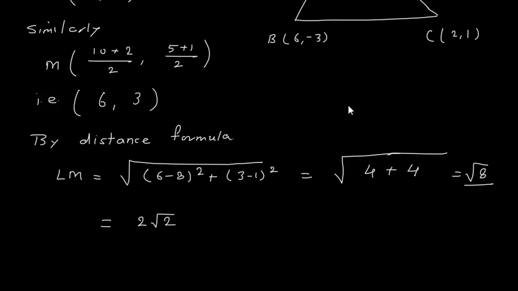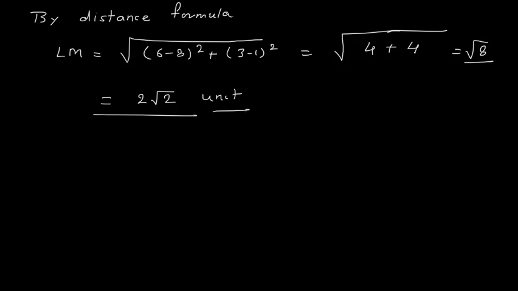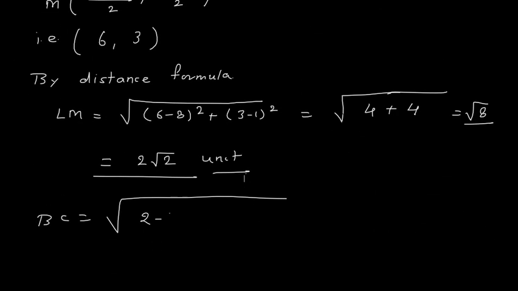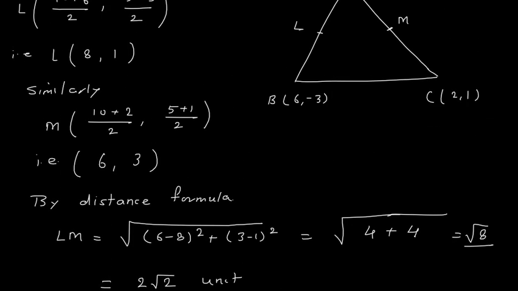So this is LM. And if you find the value of BC, so BC is square root of 2 minus 6 the whole square plus 1 plus 3 the whole square.